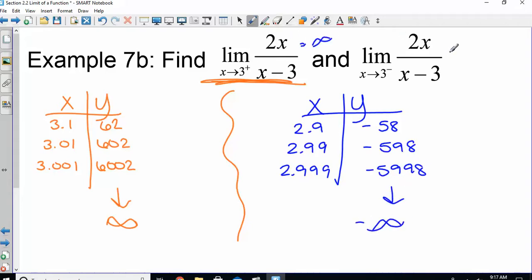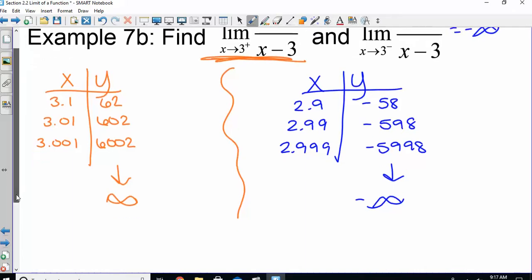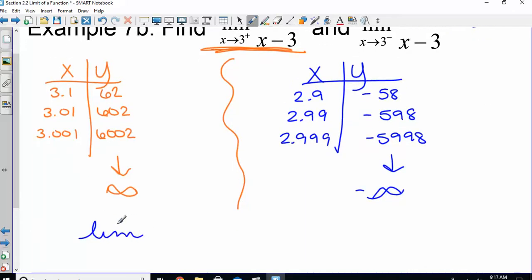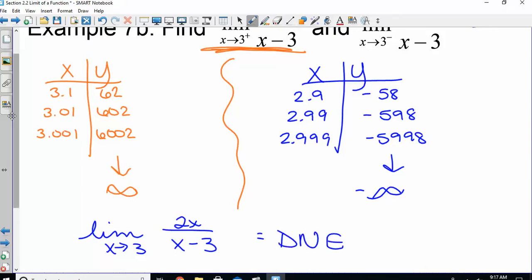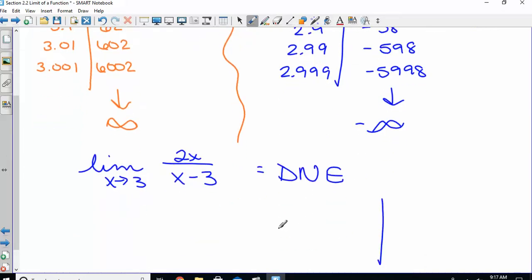So from the right it went to positive, from the left it went to negative. So if the question was what's the limit as x approaches 3 of this, what would that be? Does not exist. What's happening at 3 is we have a vertical asymptote.